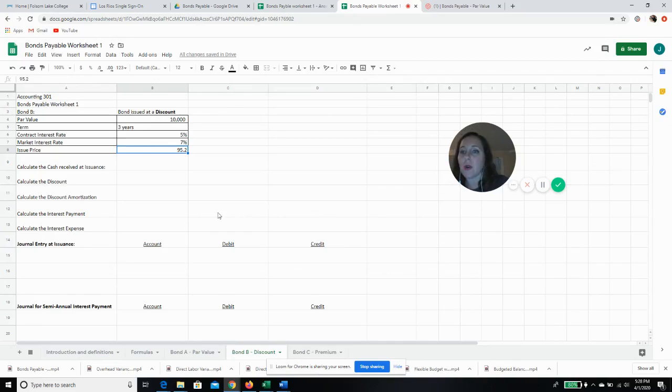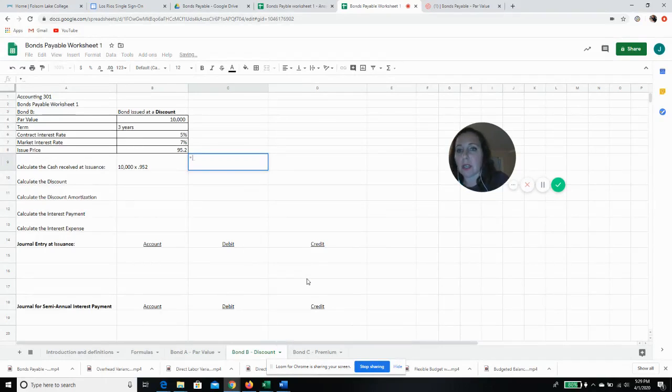All right, so the first thing we're going to do is calculate the cash that we receive at issuance. To calculate that, we multiply the par value times the issue price as a percentage. So 95.2 would be 0.952, because that's 95.2%.